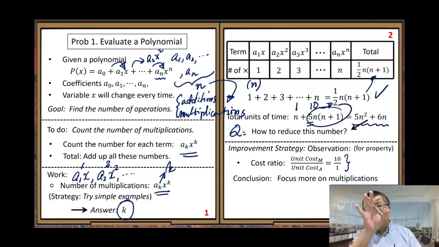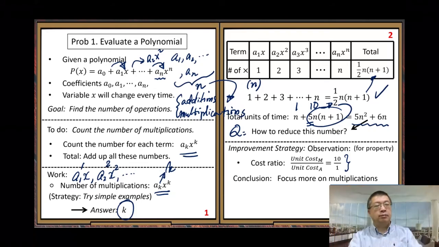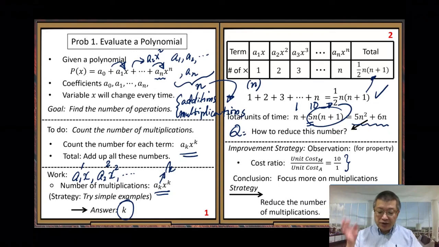The multiplication part is much larger than the addition part, so you have more room to reduce, to bring that number down. Very natural conclusion. So we get this strategy: reduce the number of multiplications. So we set another strategy in order to solve this problem when we go to the next step.